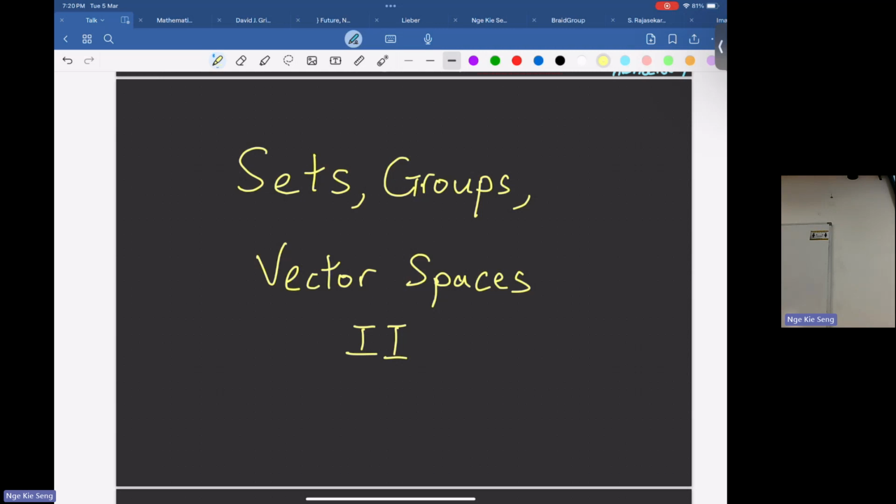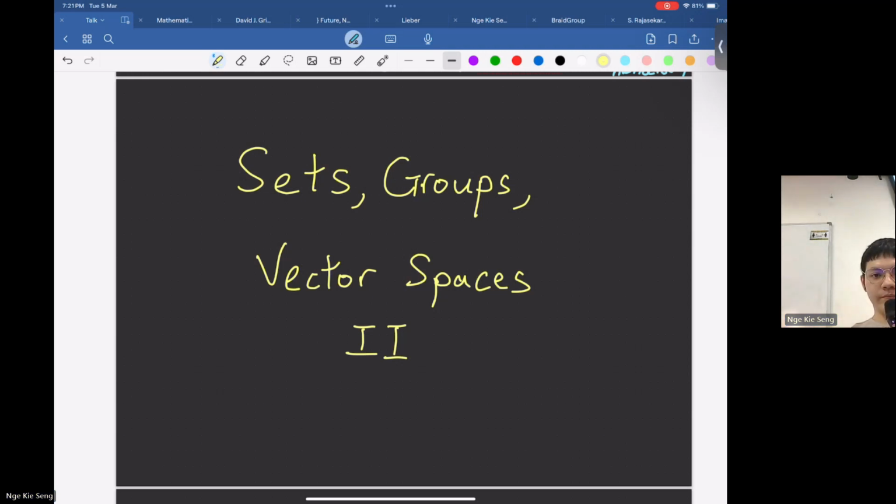The aim of today's talk is to cover up to Hilbert space and get the definition of Hilbert space. If we can finish earlier, then maybe we can discuss a little bit about the properties of Hilbert space. Feel free to stop me at any point if you want to ask any question.